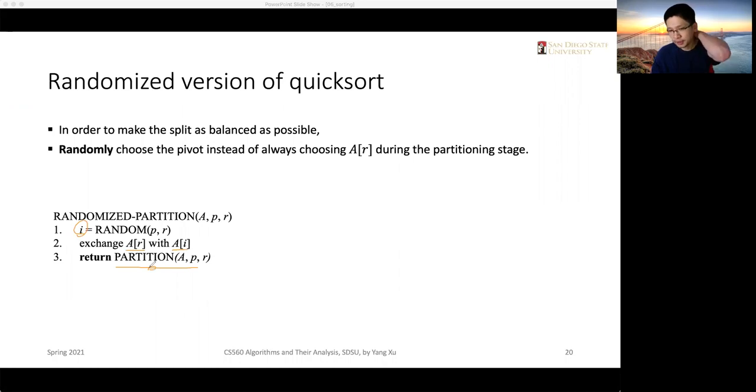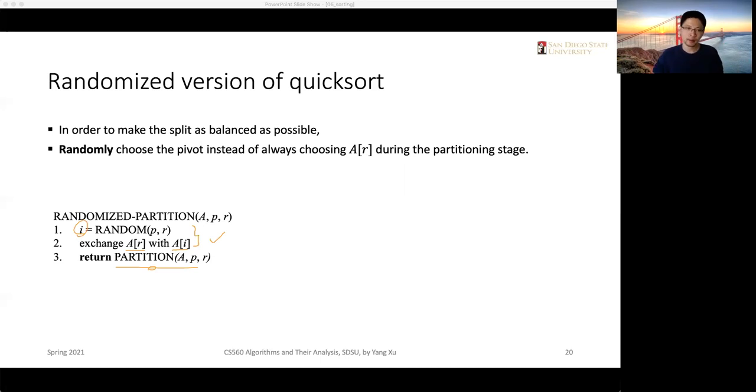That is just a simple two-step modification. This will be very beneficial to the algorithm, because a random pivot means the resulting splits on average would be more evenly distributed.